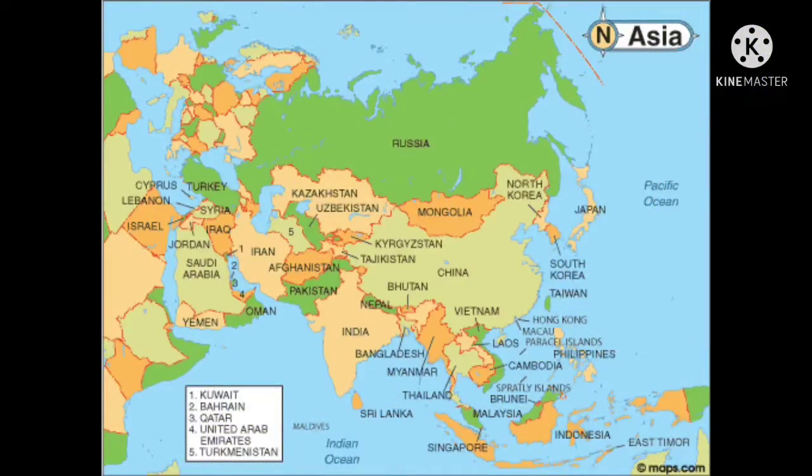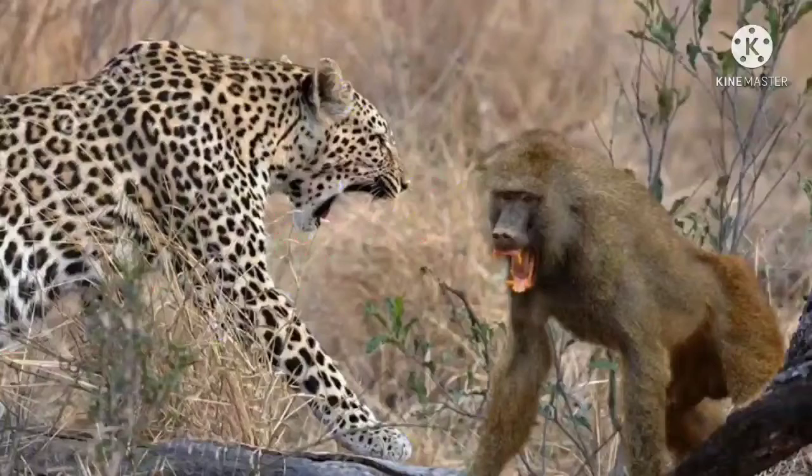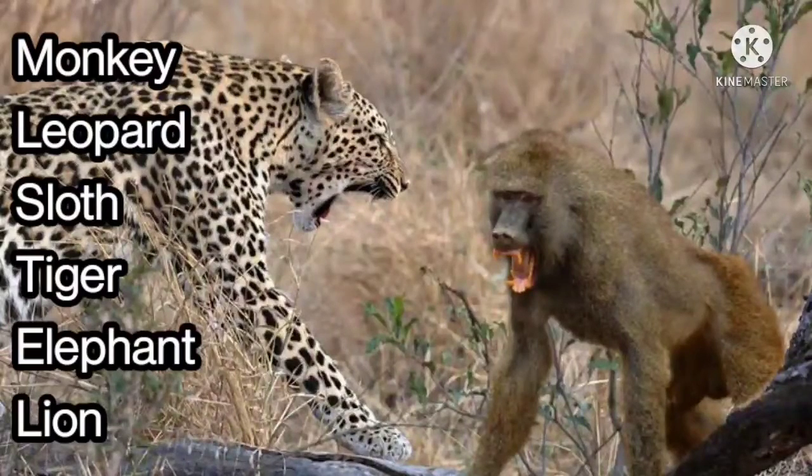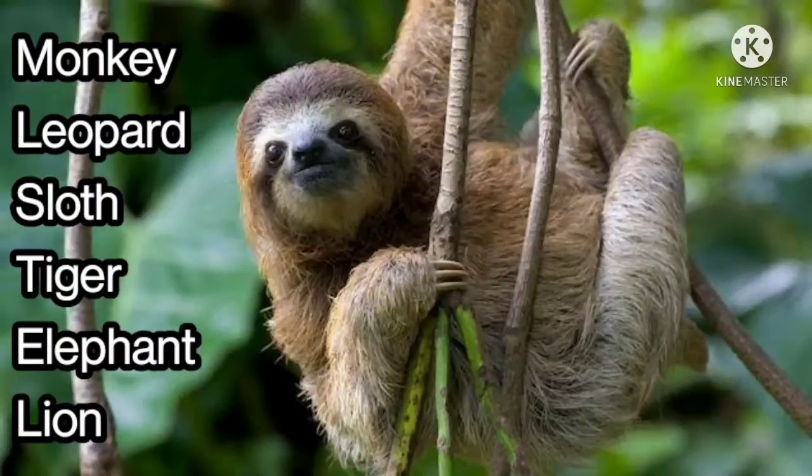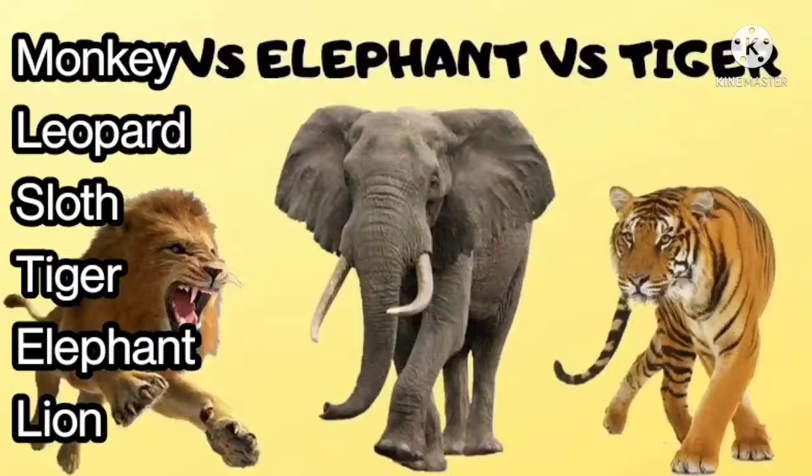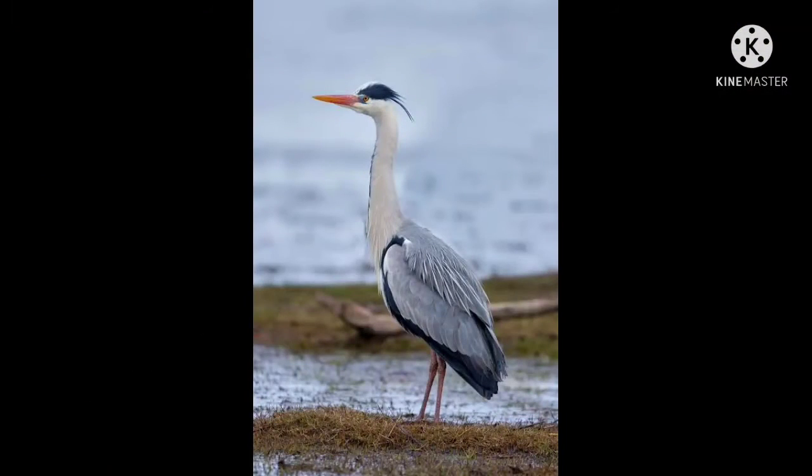Sixth, Asia. Asia has a great diversity in wildlife. Monkeys, leopards, sloths, tigers, elephants, and lions are found in the tropical areas.